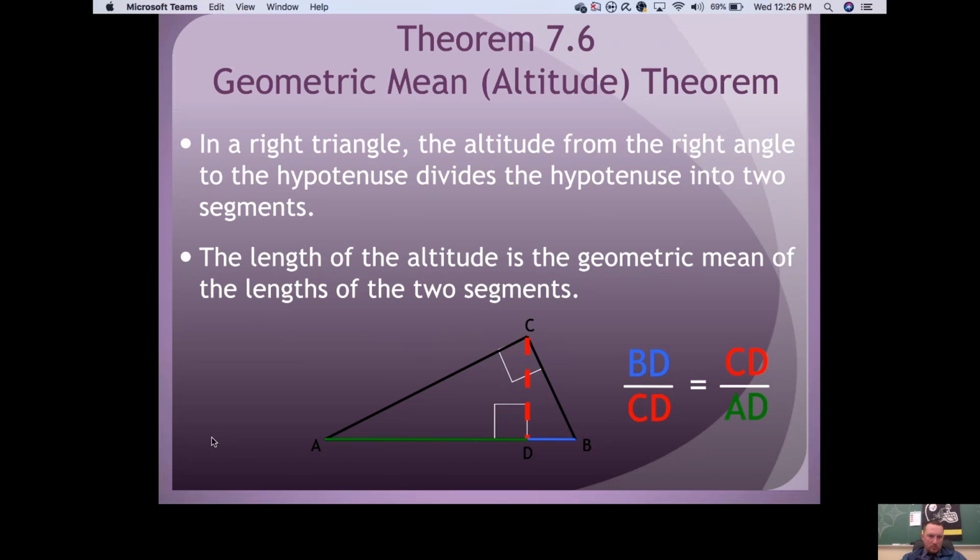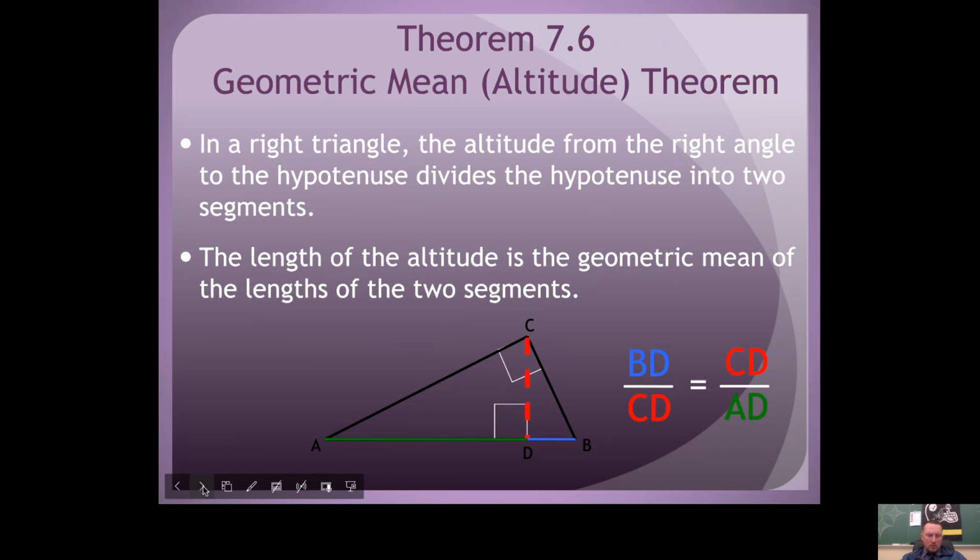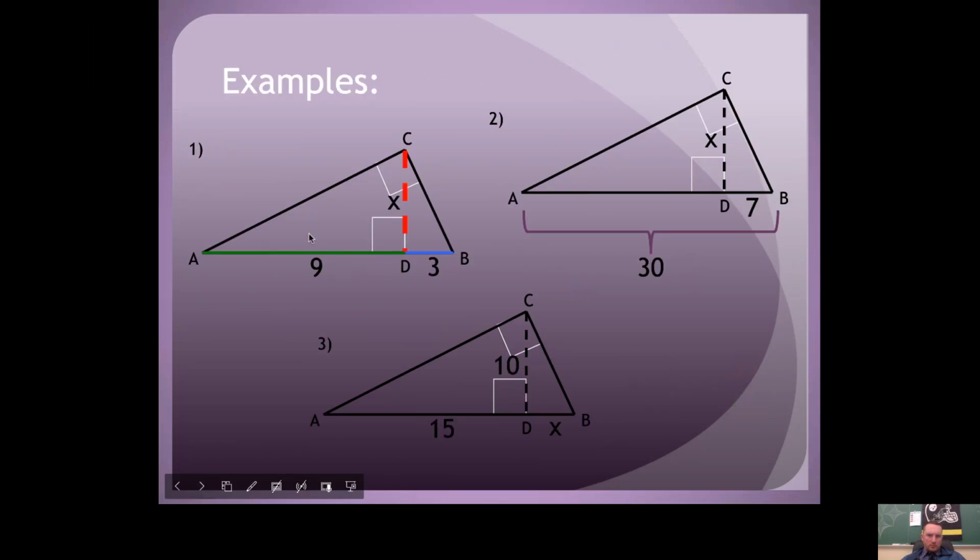Let's try some. Here's a right triangle. The red is the geometric mean of the green and the blue. So we're going to write a proportion. The red is the geometric mean.